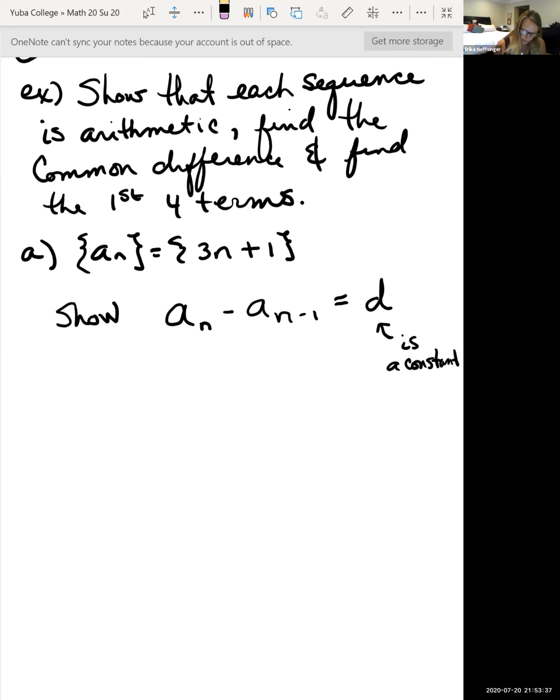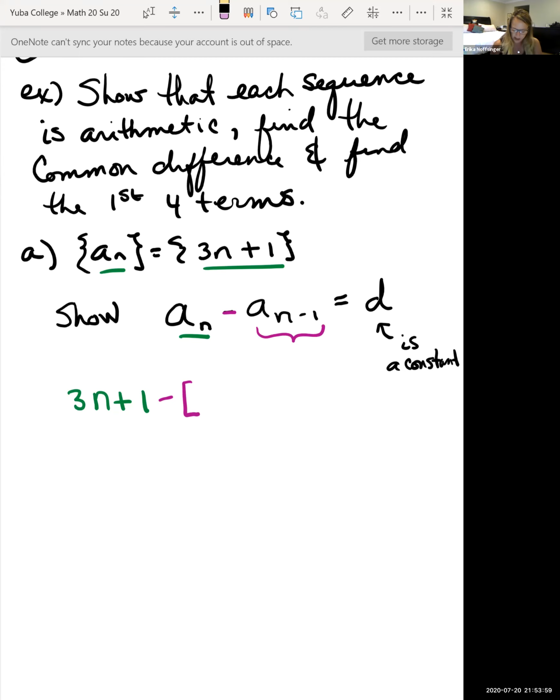Okay, well, we're given what a sub n is, right? a sub n is just 3n plus 1, minus, okay, I need brackets here. Now I need to figure out what a sub n minus 1 is.